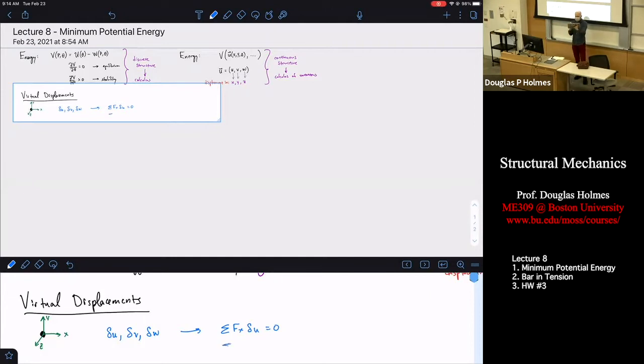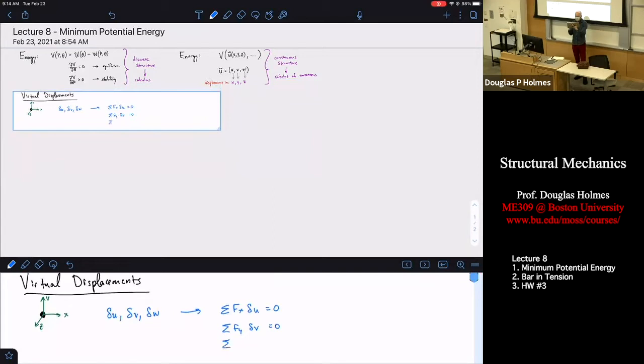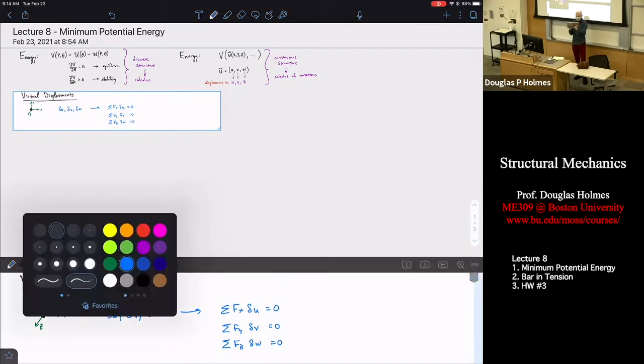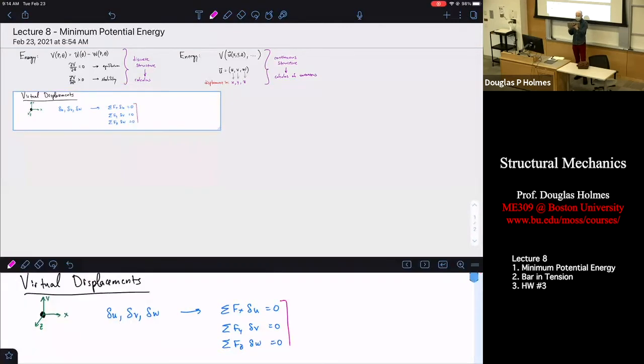We can take the sum of the forces in y, and so on. These are the virtual work being done on this particle.